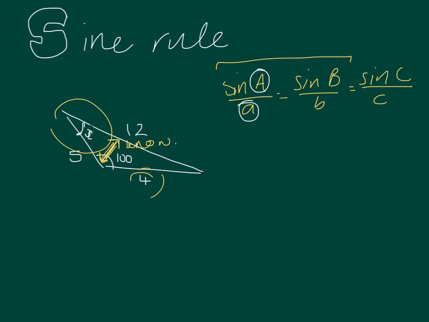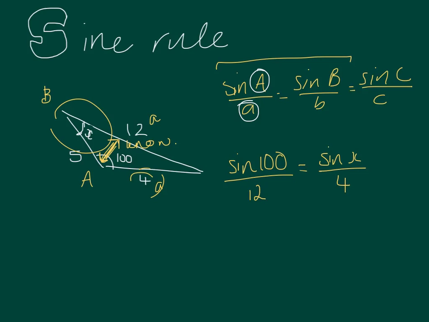So it doesn't matter which way you label it, in fact you don't even need to label it, but let's label it for this case. Let's say that this is A and that's A, and we're just going to choose this as B, angle B obviously, and then side B. So sine A is 100 over A, which is 12, is equal to sine B, which we don't know, sine of x, over 4.